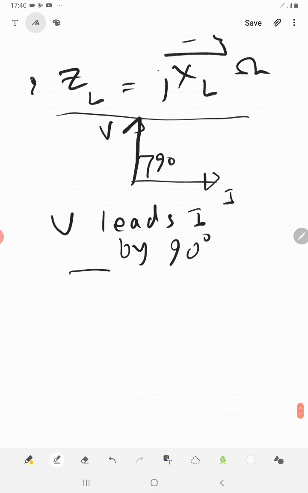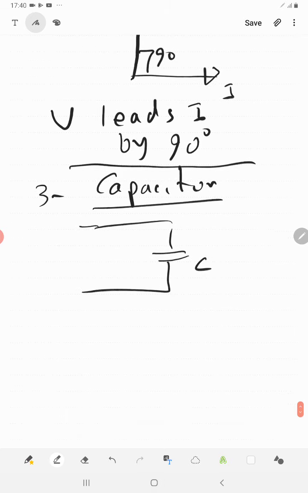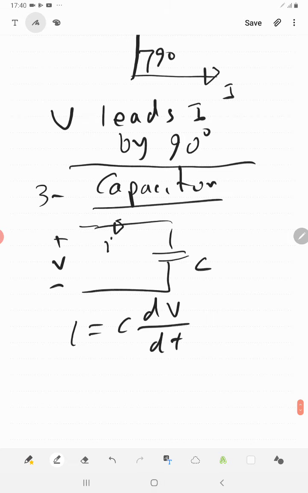Same meaning. Now, if we go to the third case, capacitor. This is C. This is plus minus V, and here I. Now the relationship is I equals C dV per dt.